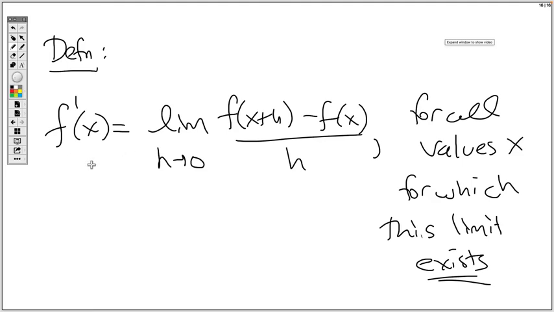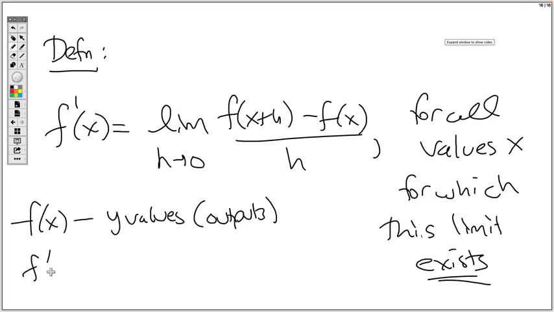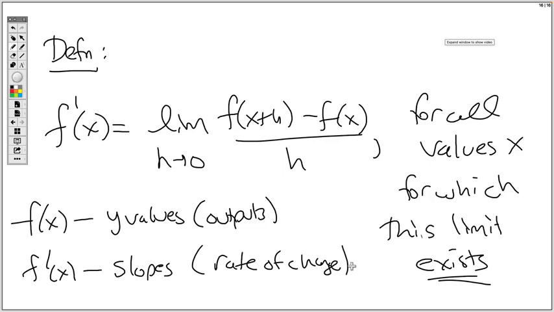So once again, f of x, this gives you the y values, the outputs. F prime of x, this is going to give you the slopes or rate of change. So we start off with a classic, x squared.